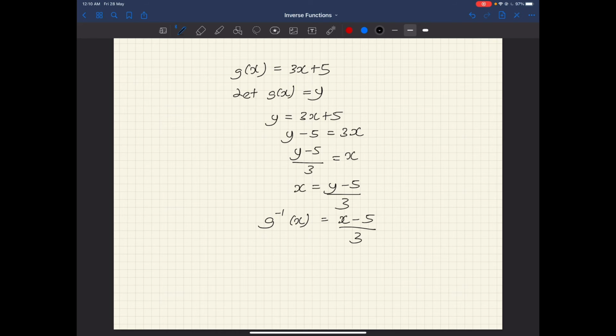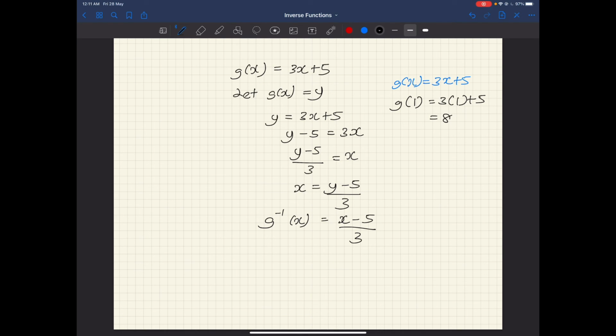Let's say you are substituting 1 in your main function, which is g(x) equal to 3x plus 5. If I substitute 1 here, it will become 3 times 1 plus 5, you will get 8, correct?